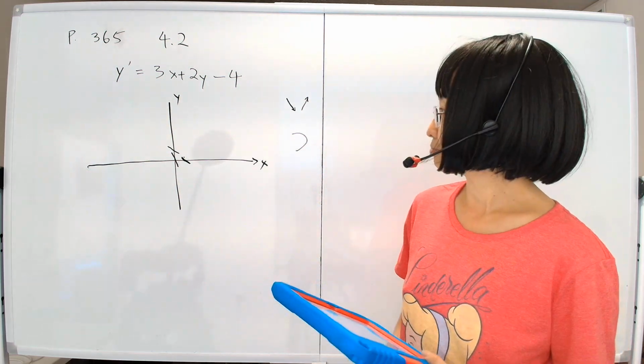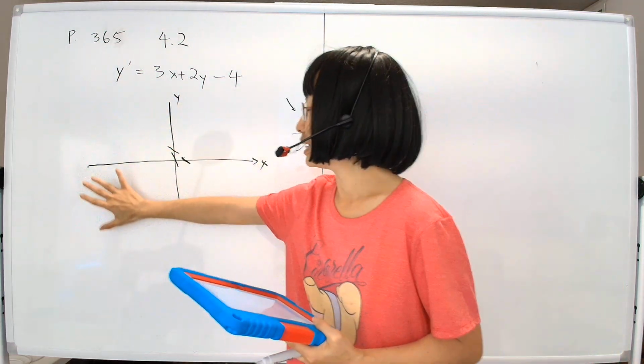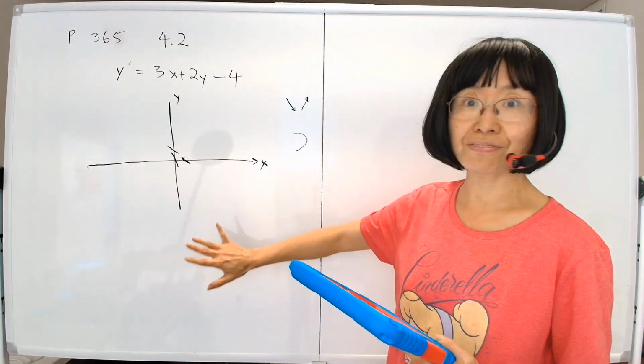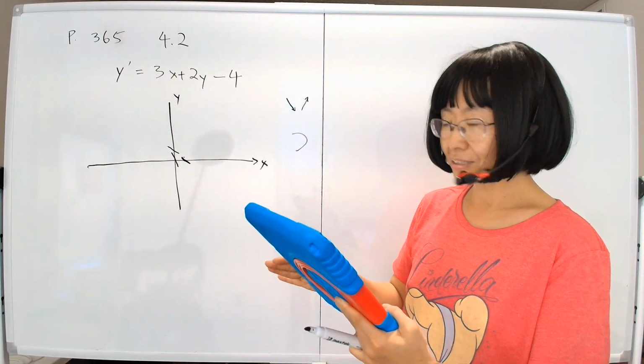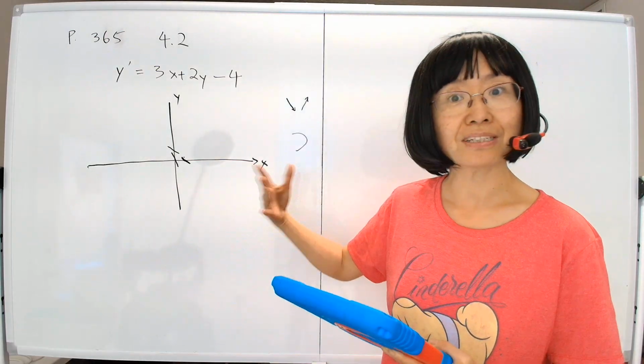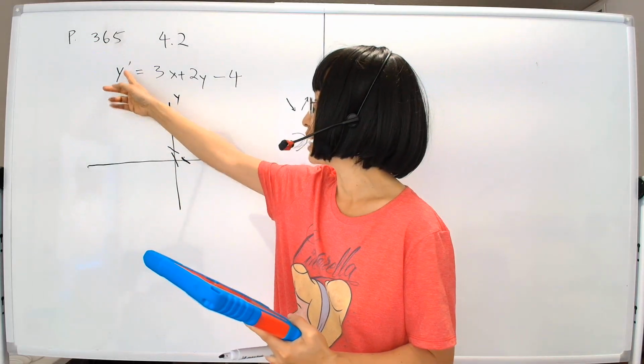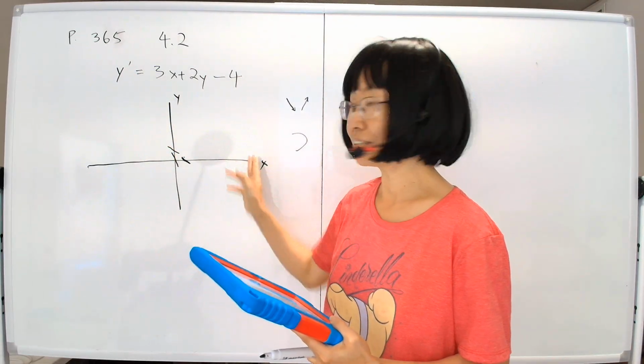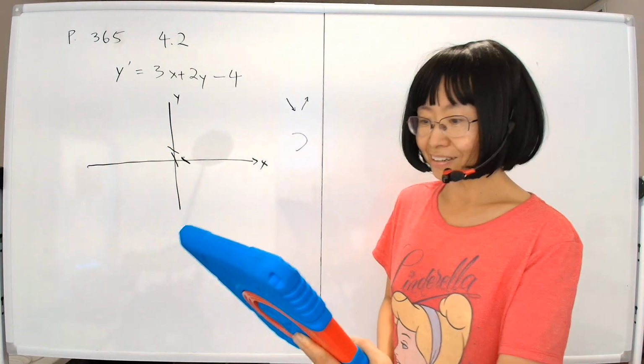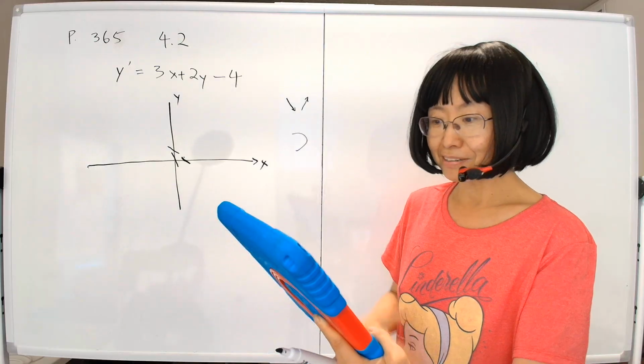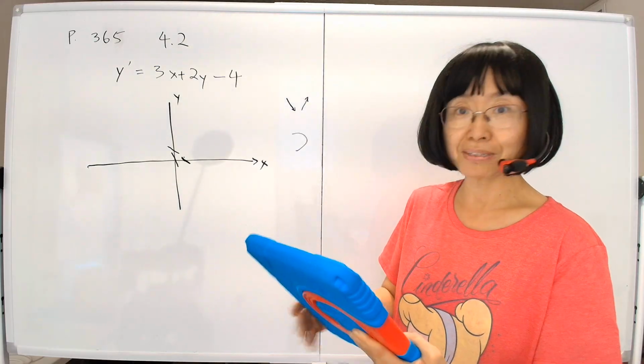So what the slope field does is give you an impression of the function, or at least the impression of what the slope, what y prime, is at each point of your graph. And looking at this, you can imagine it as maybe the wind blowing.